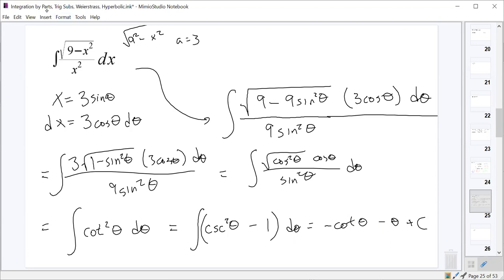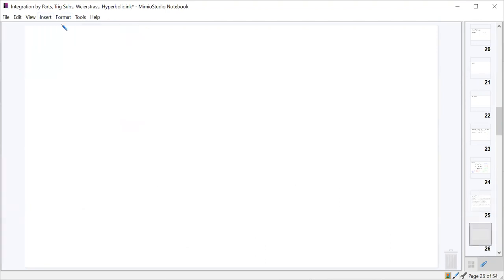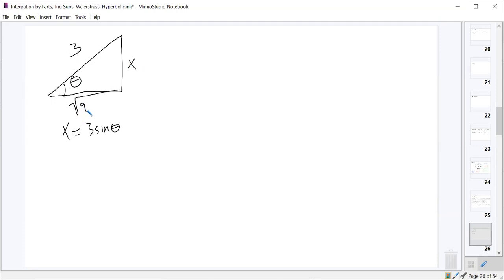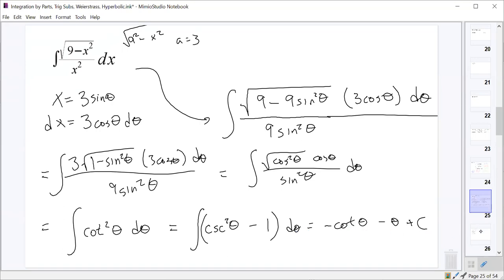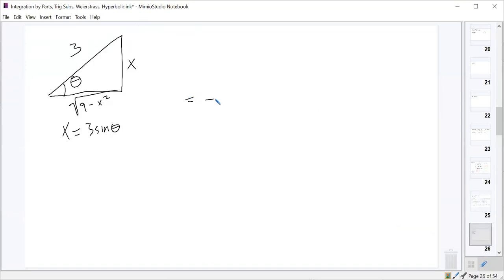No, we got to go back in terms of x. So we made the substitution that x was equal to 3 sine theta, right? We said x is 3 sine theta, which tells us that sine theta equals x over 3, which makes this side √9 minus x squared, which is that thing we subbed out at the beginning. And so now we'll go back down and say, well, what's the cotangent of theta? So cotangent of theta ought to be adjacent over opposite.